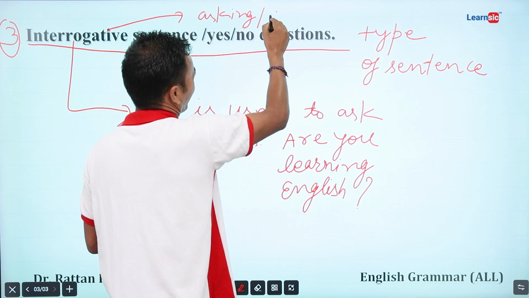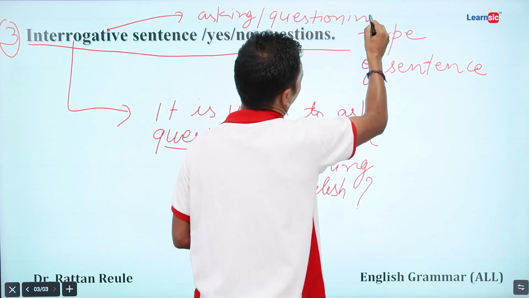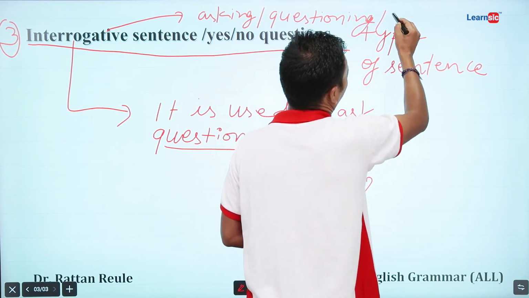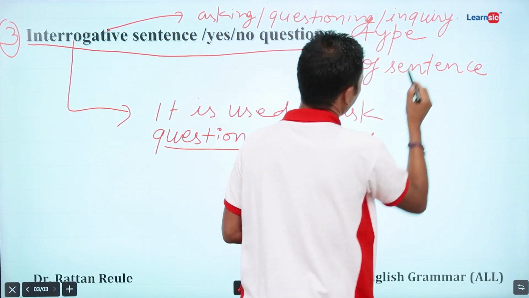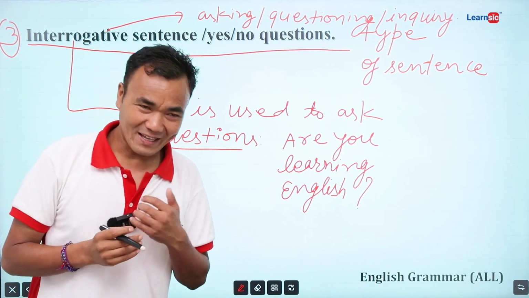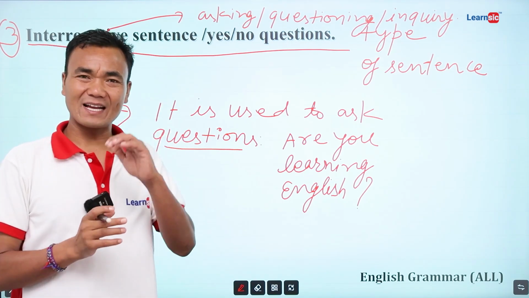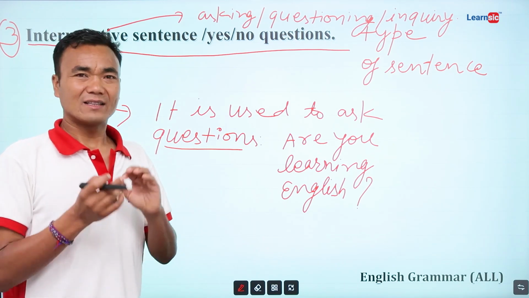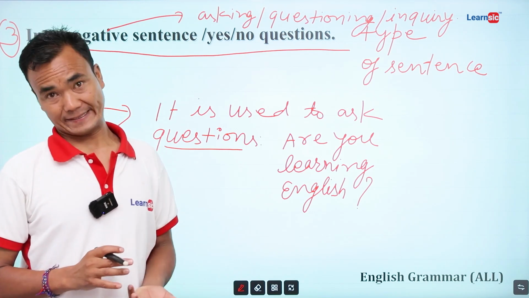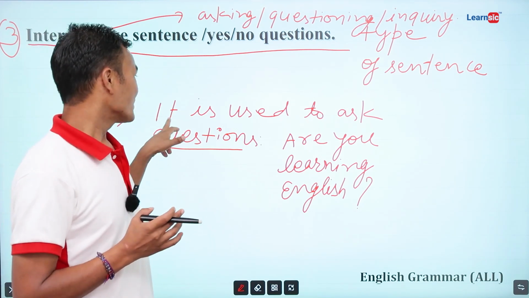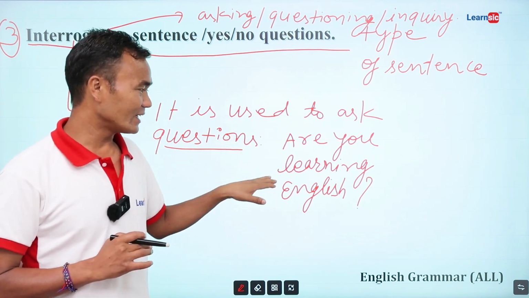It's a kind of inquiry. So by applying, writing, or speaking this form of sentence, we are asking questions. So it is used to ask questions, and the example is, are you learning English?